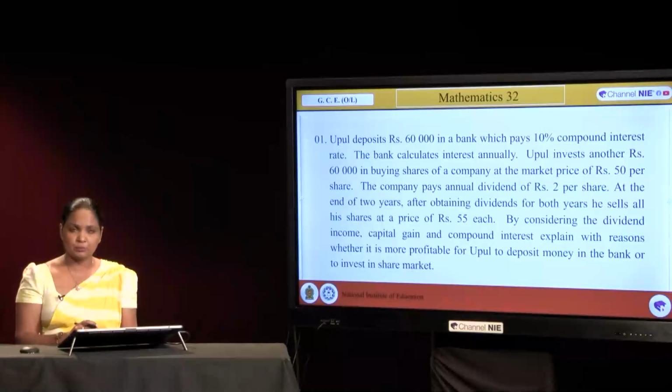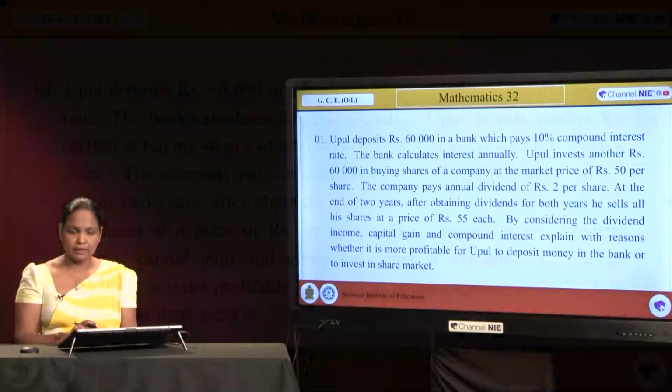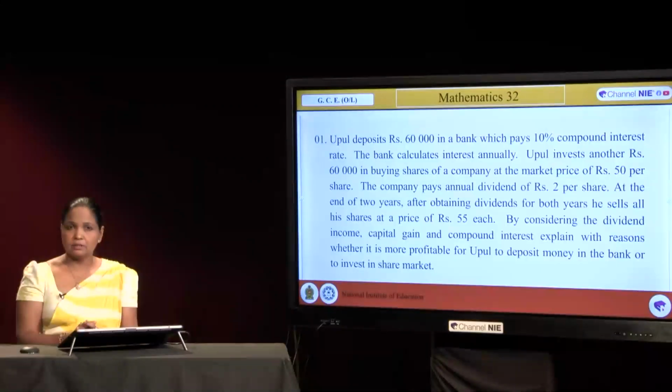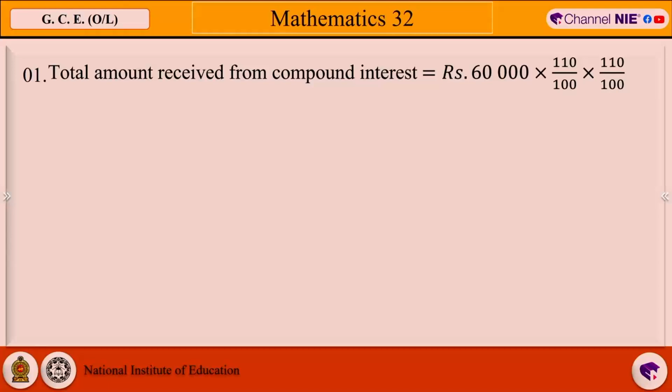Once you are given such a problem, by reading once, if you do not understand it, you can read it again. After reading it clearly, you can write step by step to obtain the answer. Okay, we'll see how to solve this problem. So, directly you can calculate the total amount received from compound interest, which is 60,000 times 110 over 100 times 110 over 100.